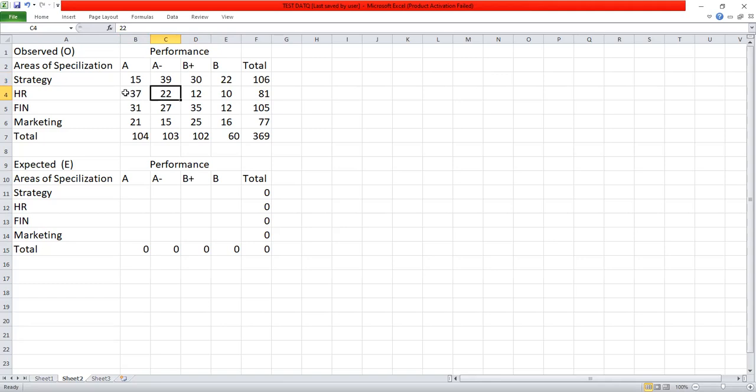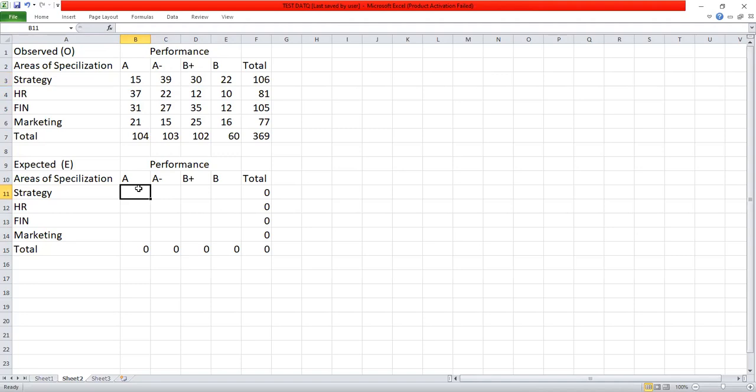The next thing to note is that these values here have their corresponding values here, meaning that 15 has this corresponding value here, and 39 has this corresponding value here. And I told you if the null hypothesis is true, if this is 15, that should be 15; 39, 39, but it cannot. So how do we get the expected for each of these?